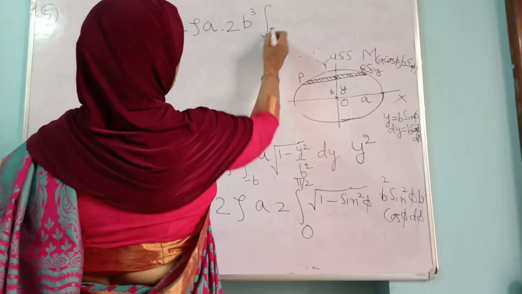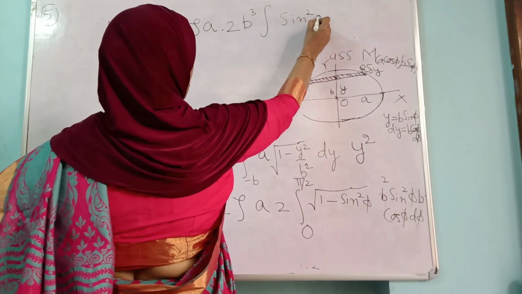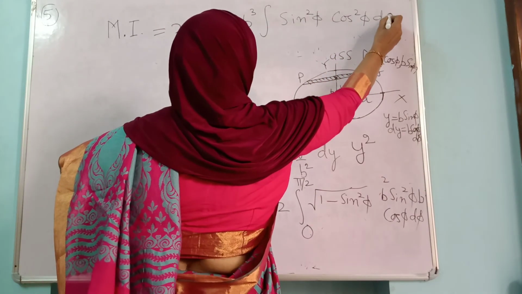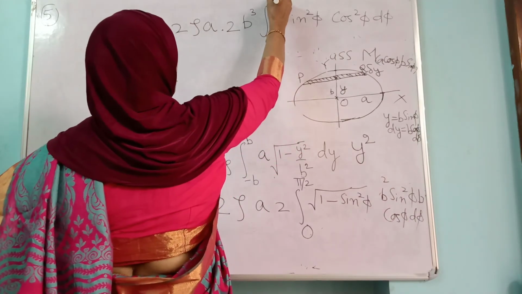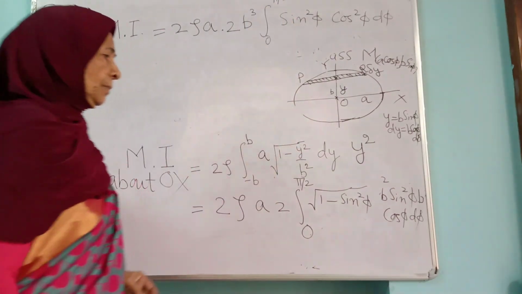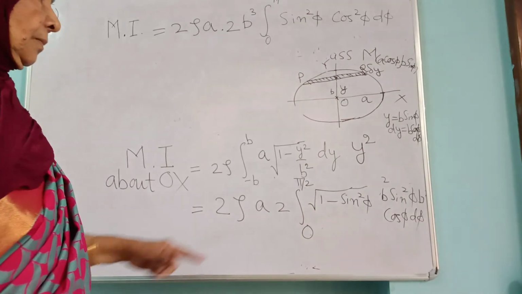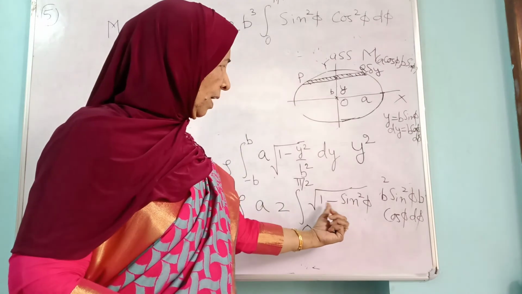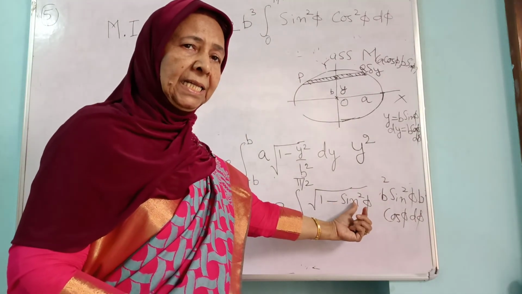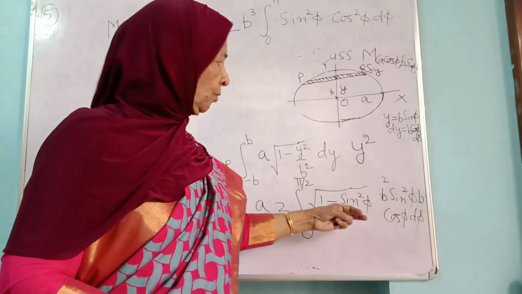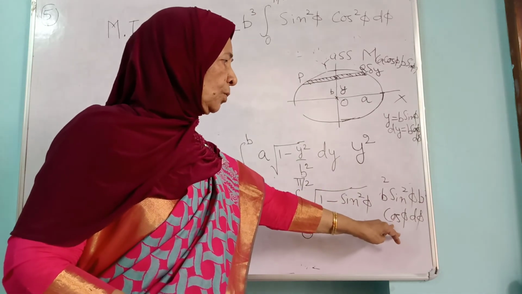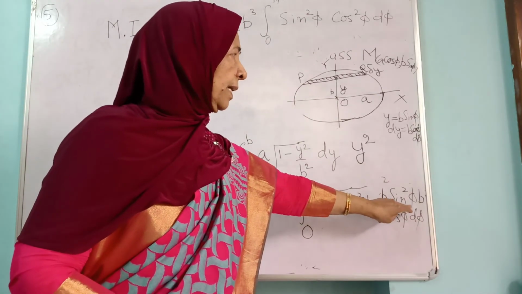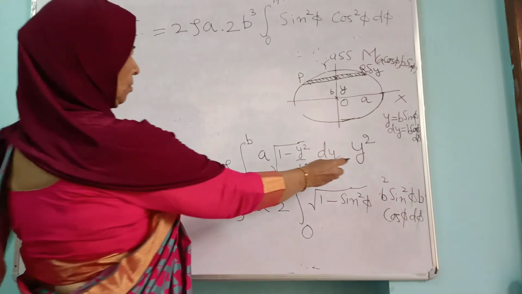So you will be getting sin square phi, cos square phi, d phi from 0 to pi by 2. I hope this is clear. Under root 1 minus sin square phi will be under root cos square phi. So when you take out the root, you will get cos phi.